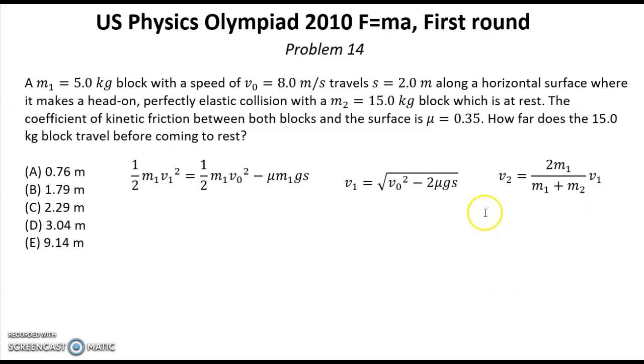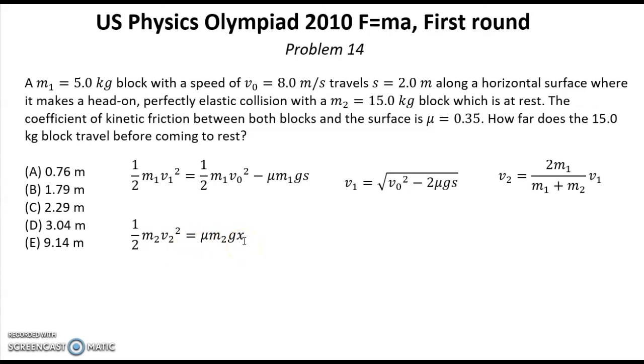And the last step is to find the total distance traveled by the second block when the initial speed is v2. This we can find from the energy formula. So we have total kinetic energy going into work done by force of friction.